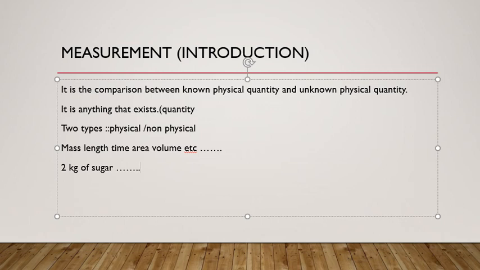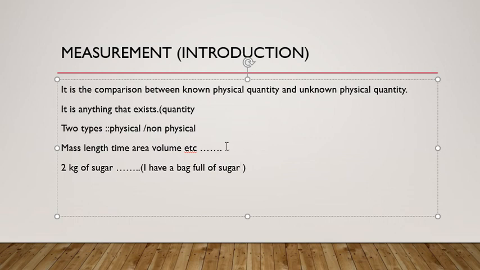In another case, if I have a bag full of sugar, and I don't know the measure of that sugar, I don't have any idea how much mass that sugar contains.